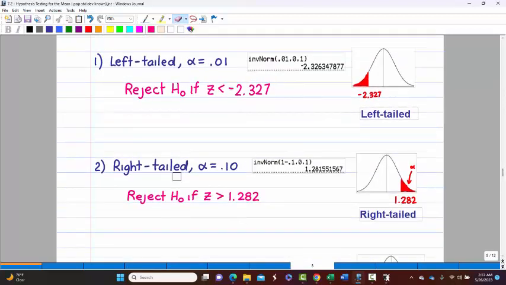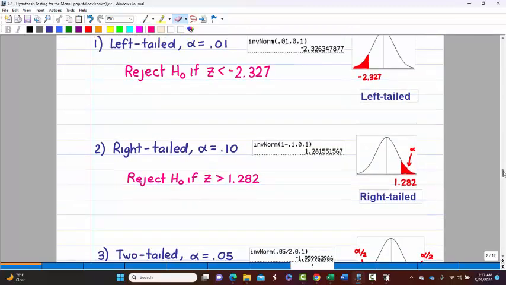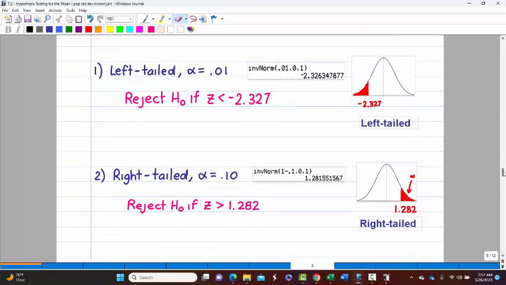This one says right-tailed, 0.10. Now this, of course, you can inverse norm, or you can get these off of the Excel. I did the calculator, but I can do the Excel real quick if you want me to. As far as just going to the spreadsheet, that's easy enough, but I'll do it real quick.